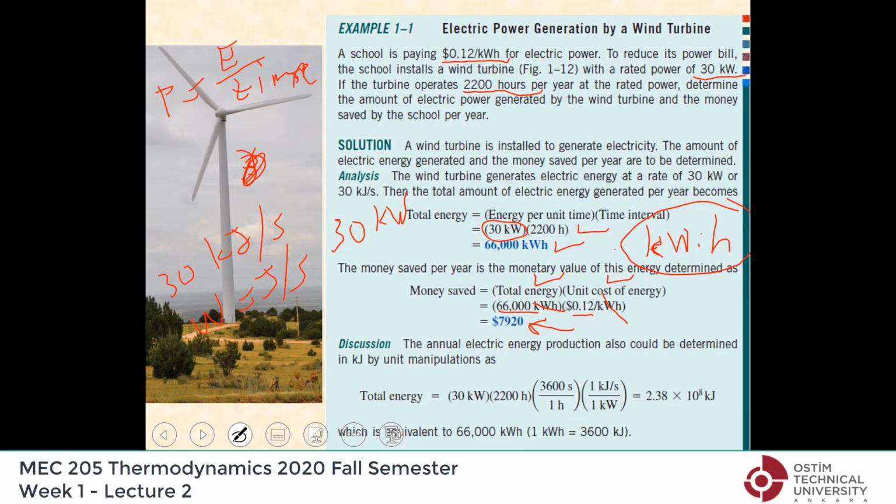Now you see again the calculations. You use the basic knowledge, basic relations between energy and power and unit cost and total cost. And by simply using these simple relations, you end up solving significant problems.